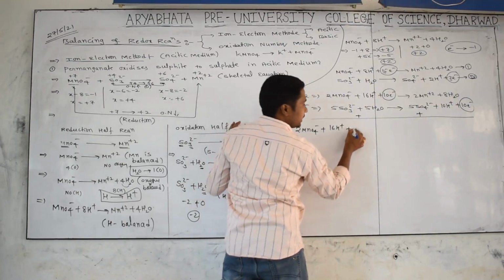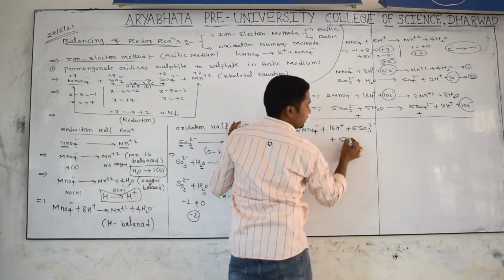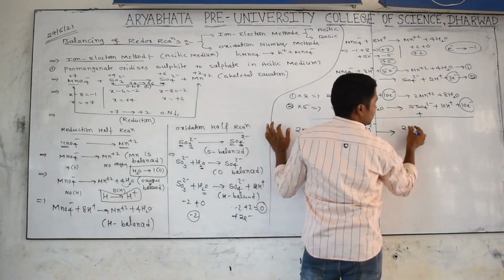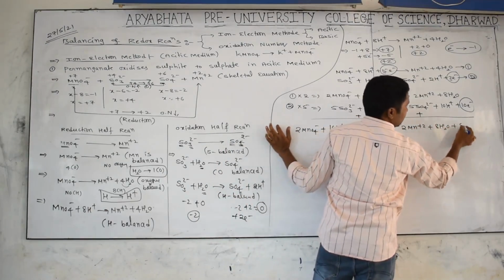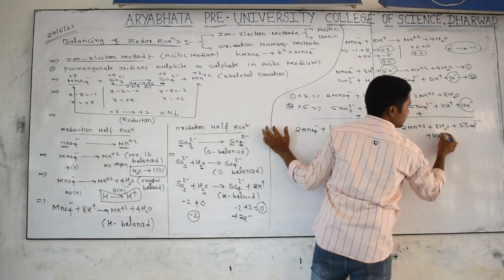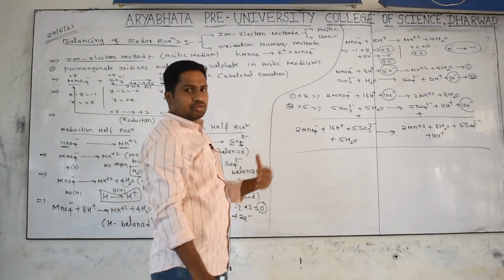After that we get 5SO3 2 minus plus 5H2O gives rise to the right side chemicals: 2Mn 2 plus plus 8H2O plus 5SO4 2 minus plus 10H plus. Still some common terms are left on both sides, so we have to simplify.